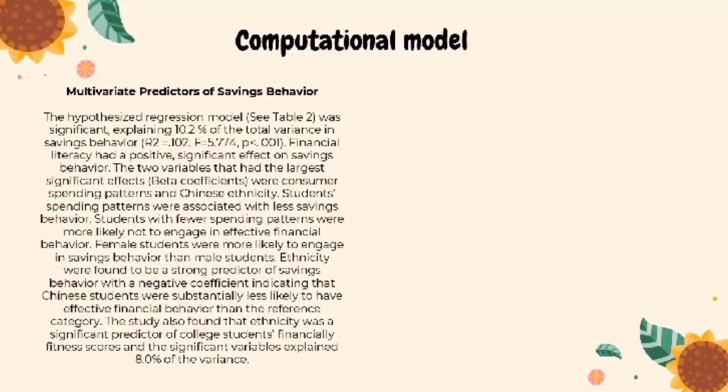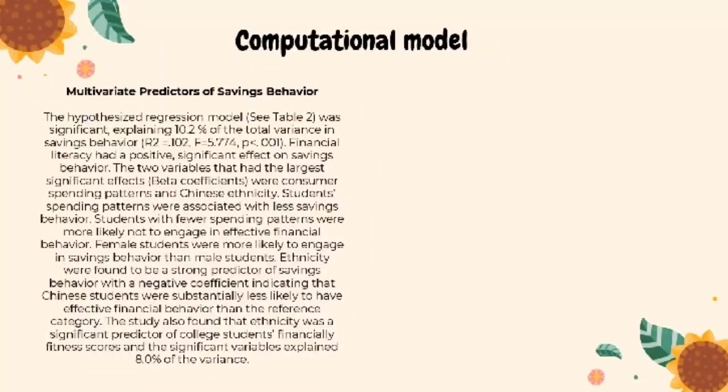Students' spending patterns were associated with less savings behavior. Students with fewer spending patterns were more likely not to engage in effective financial behavior. Female students were more likely to engage in savings behavior than male students. Ethnicity was found to be a strong predictor of savings behavior, with a negative coefficient indicating that Chinese students were substantially less likely to have effective financial behavior than the reference category.